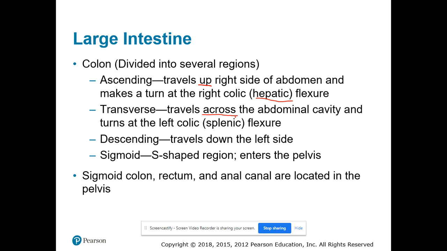Think of a transverse cut. It then turns again at the splenic flexure. And then you have your descending colon. Descending means travels down. And where it empties into your sigmoid, which is an S-shaped region that goes into your pelvis. The end of the sigmoid colon that enters the pelvis then runs into your rectum and then runs into your anal canal. And these three structures are all located within your pelvic cavity.